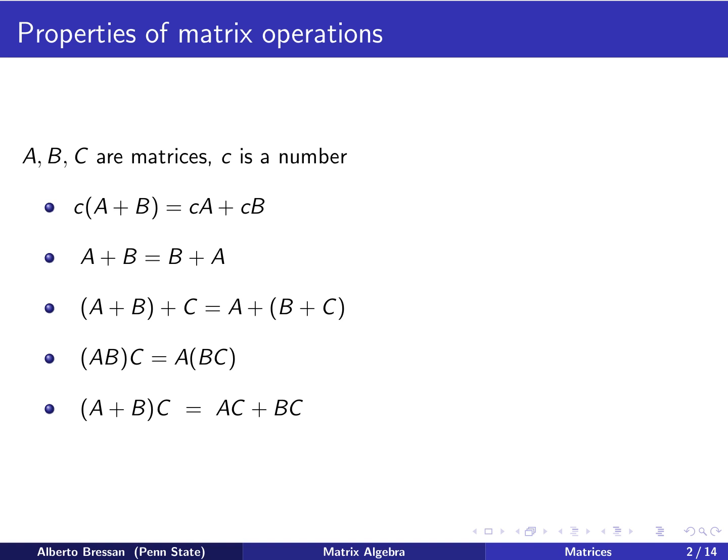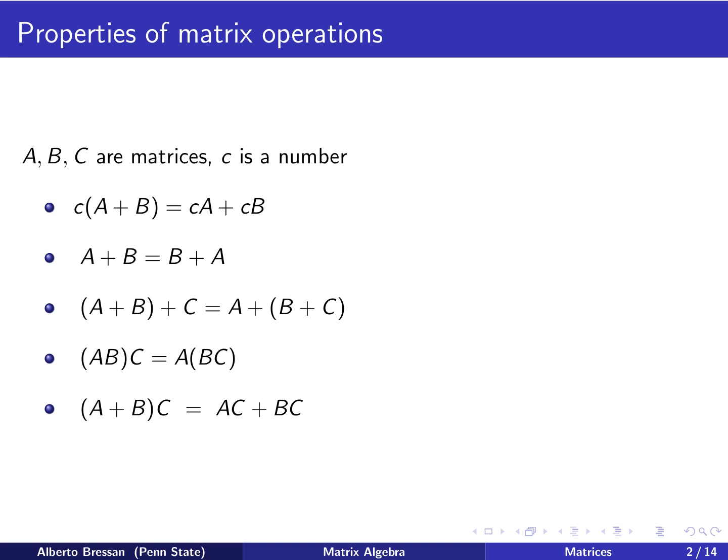Then the number 5 property is if A and B are the same size, and you do A plus B and multiply by a matrix C, this will be the same as doing A times C first and B times C also, and then adding up the sum afterwards.